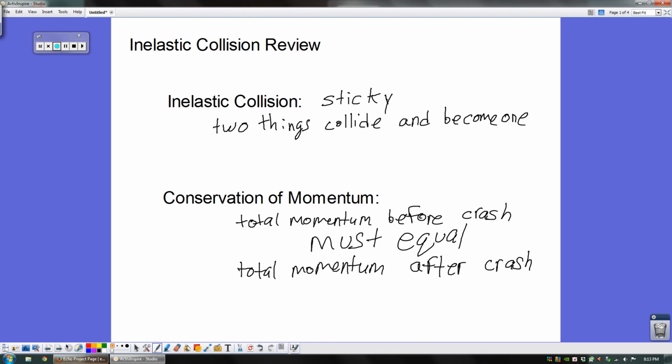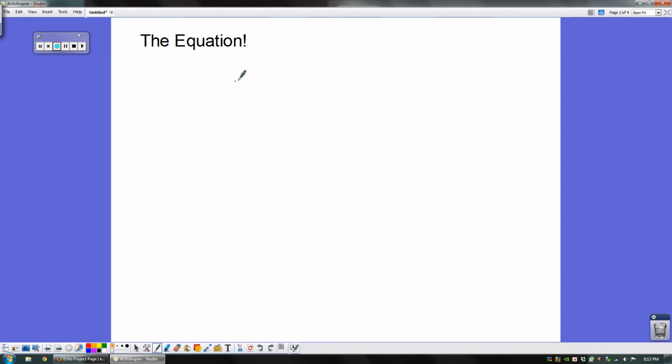Alright, so let's state this mathematically. Total momentum before the crash must equal total momentum after the crash, where the momentum equals mass times velocity of each thing.